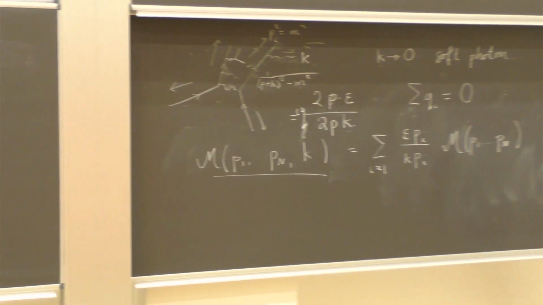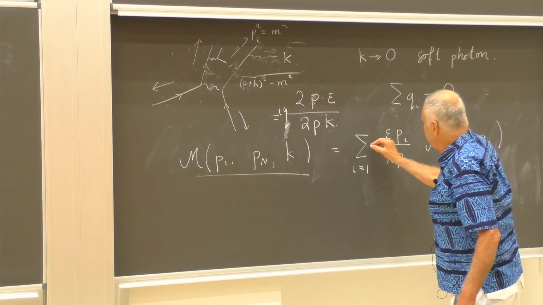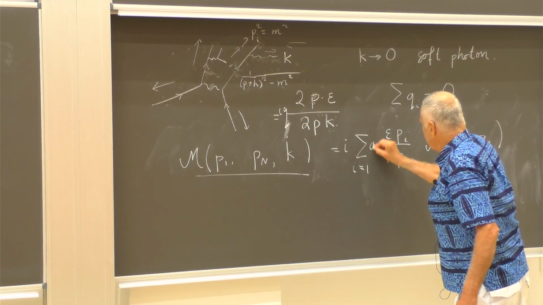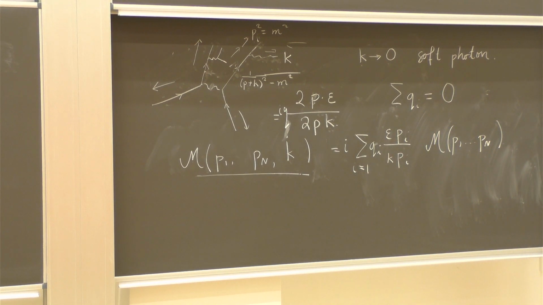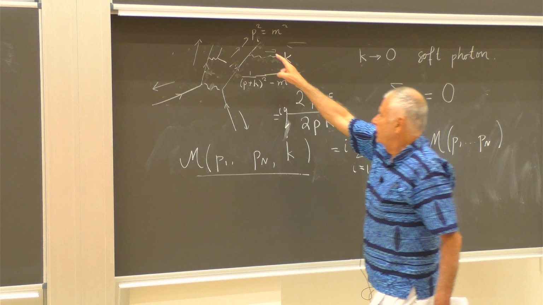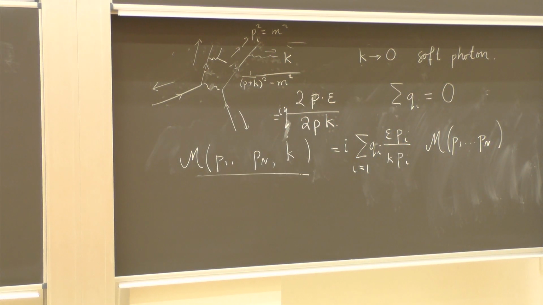I'm summing over soft factors, each with its charge Q_i, where Q_i is the corresponding charge. All right? Is it clear?